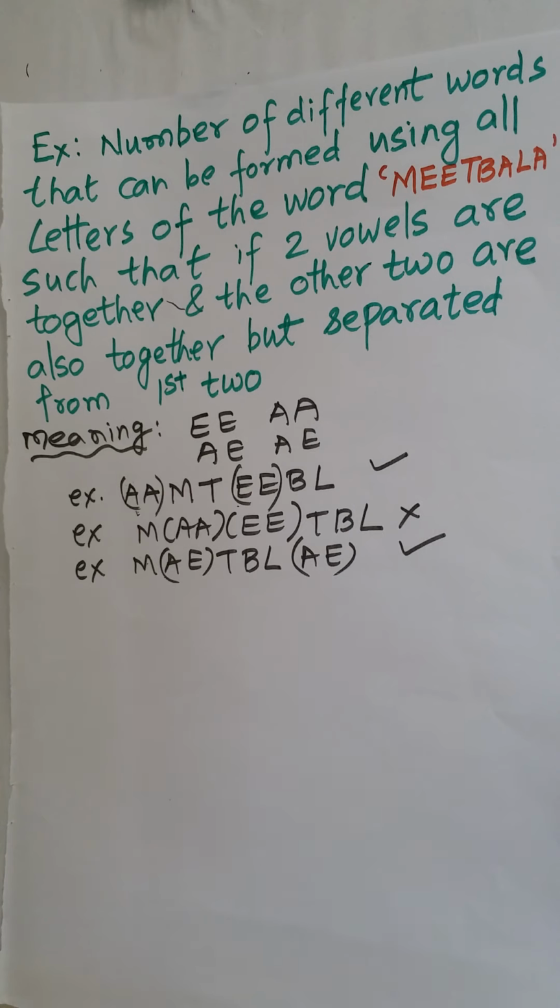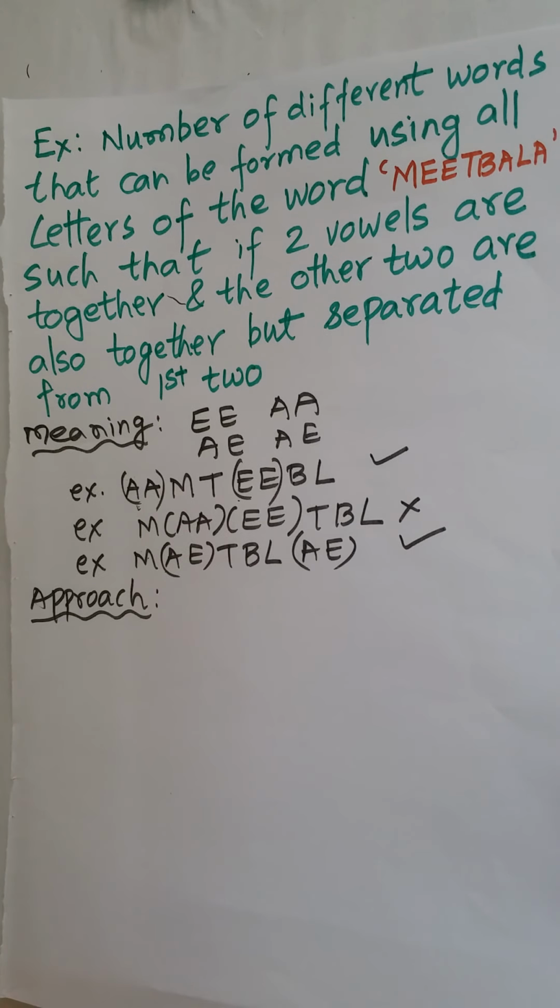So these types of arrangements we have to find. So how will we do it? Let's see the approach. We have 4 vowels. The others, M, T, B, L, are non-constraint elements. So the approach is to use the gap method.